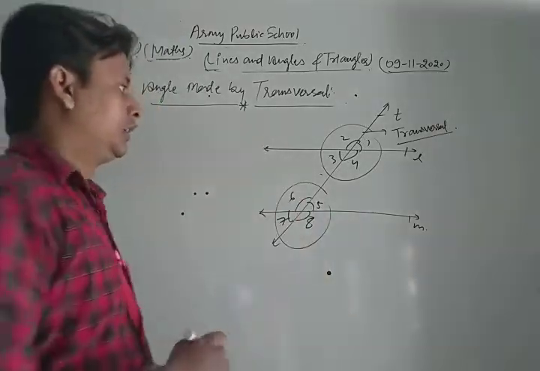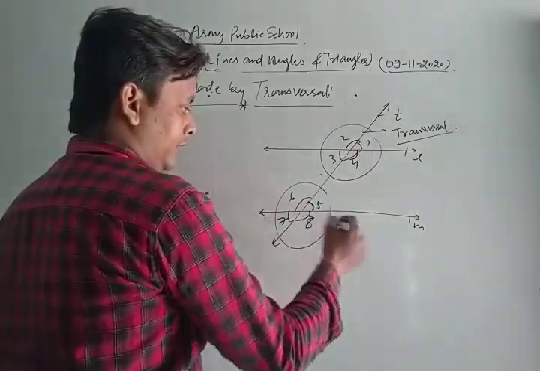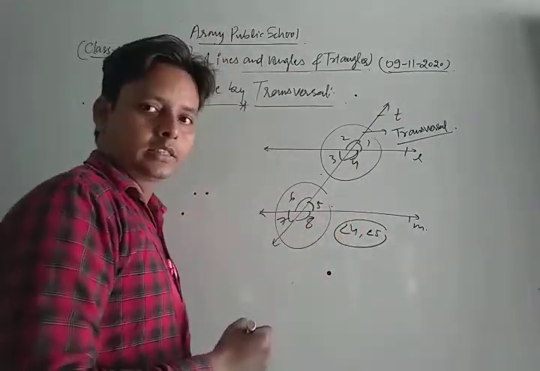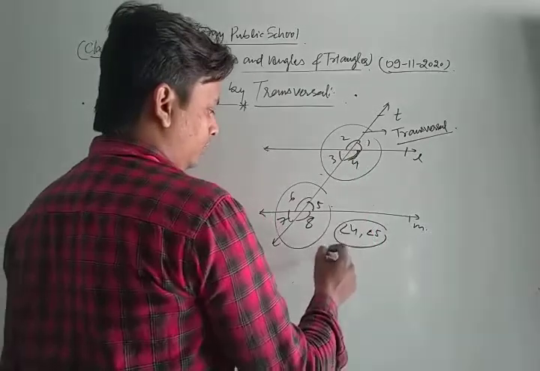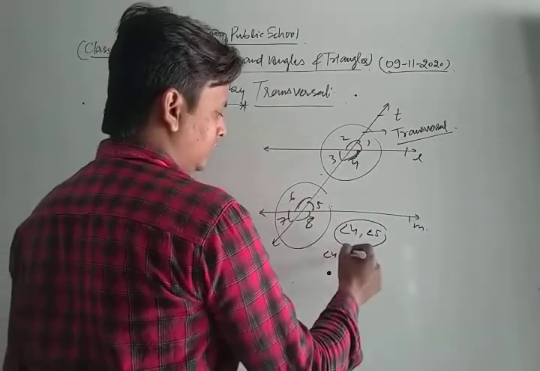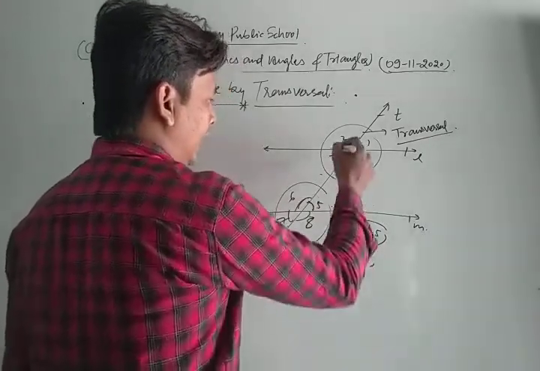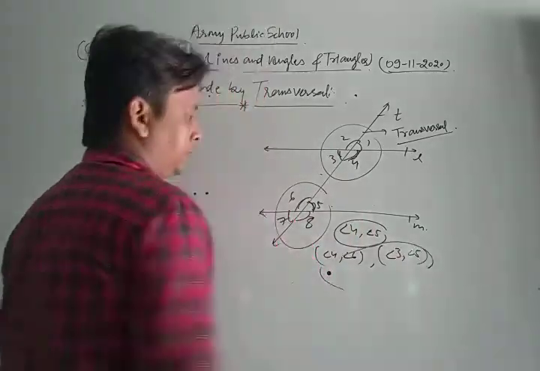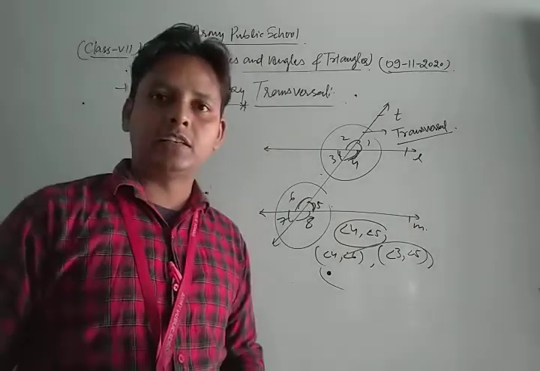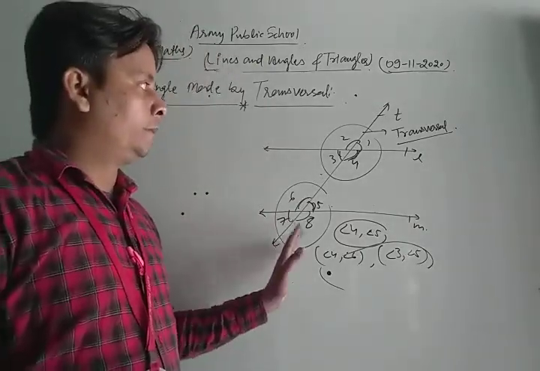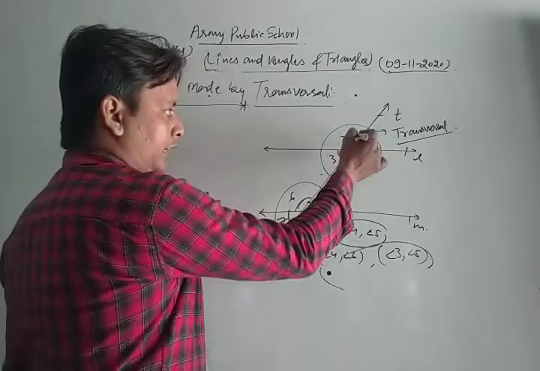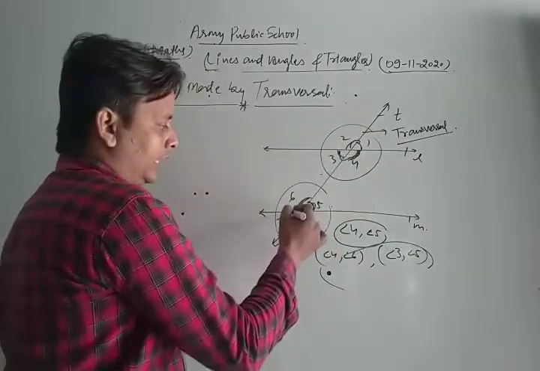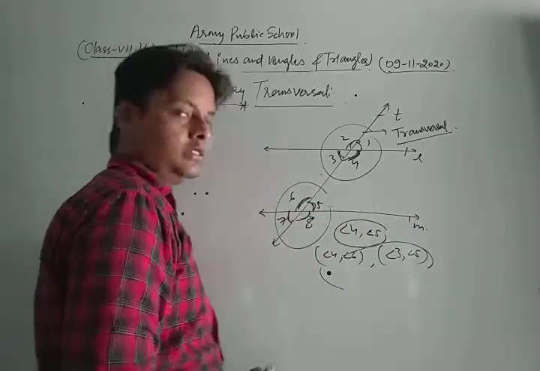Here the pair 4 and 5 are consecutive interior angles, and angle 4 with angle 6, and angle 3 with angle 5, are known as pairs of alternate interior angles. Angles 1 and 5, 2 and 6, 4 and 8, and 3 and 7 are pairs of corresponding angles.